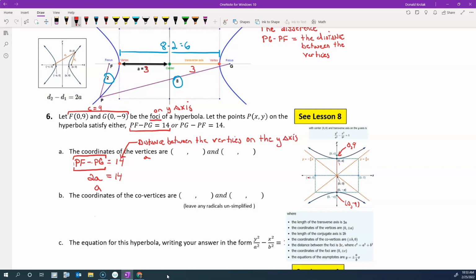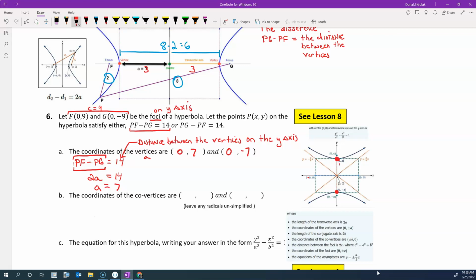So A's got to be 7. One of these is (0, 7), and the other one is (0, -7). Those are the two vertices.